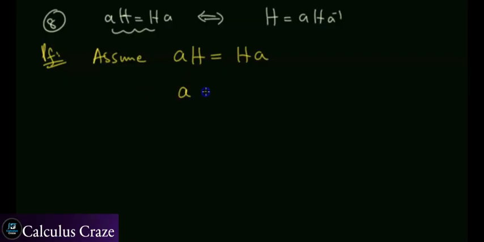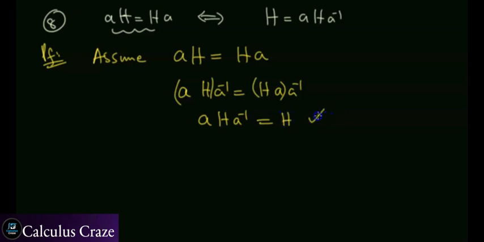So what I can do with it is I take the a inverse on this side. So okay, now it is fine. Now this will become a inverse ah equal to h. I think this is fine. This implies this and this implies this, and you can go backward as well, just reverse the steps.